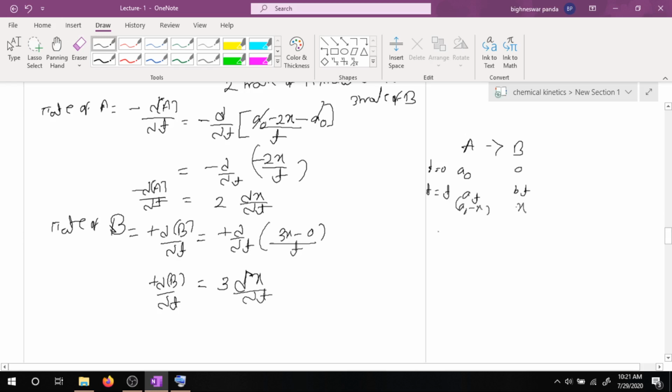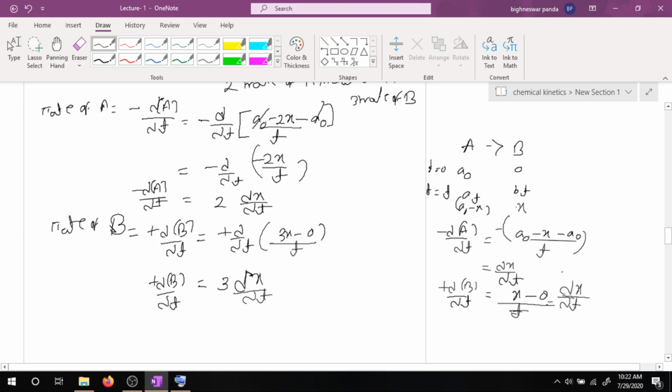So minus dA by dt is equal to A naught minus x minus A naught divided by t. There is a minus sign, so it equals dx by dt, and plus dB by dt is equal to x minus 0 by t. It is also dx by dt.